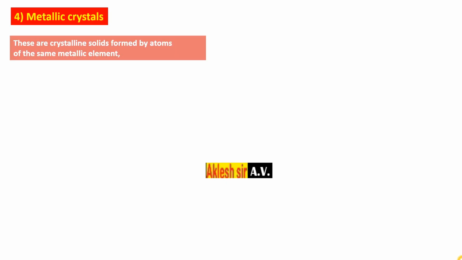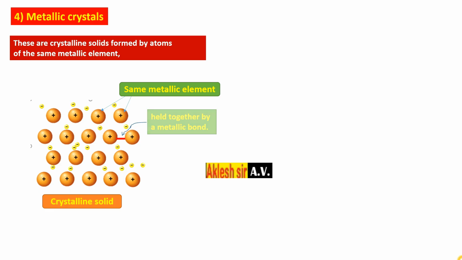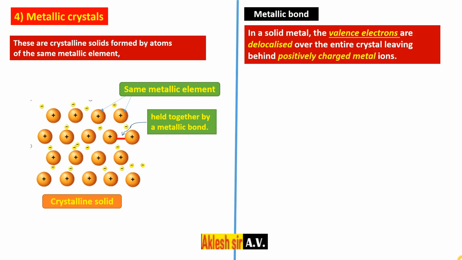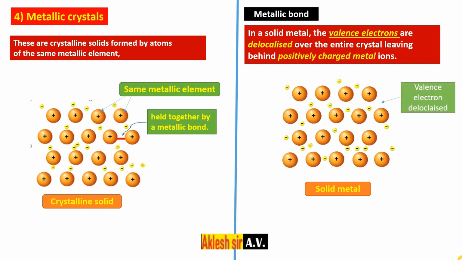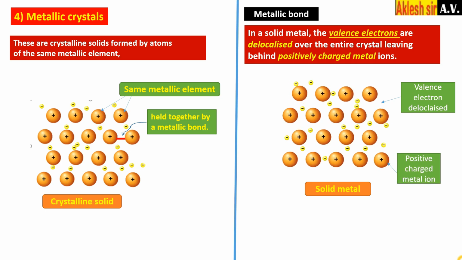Four. Metallic crystals. These are crystalline solids formed by atoms of the same metallic element, held together by a metallic bond. Metallic bond: in a solid metal, the valence electrons are delocalized over the entire crystal, leaving behind positively charged metal ions.